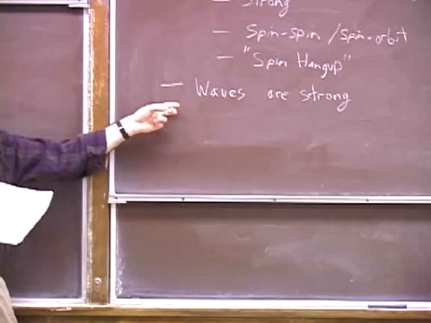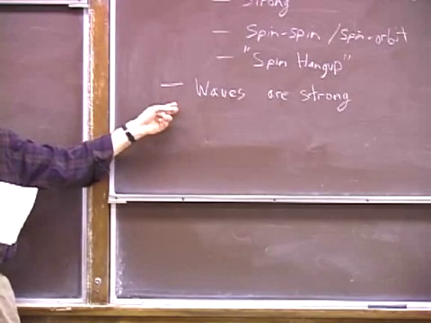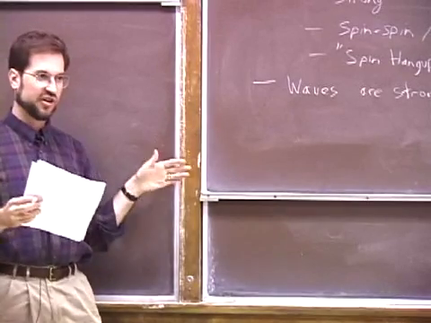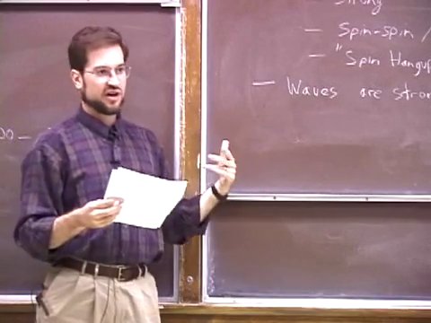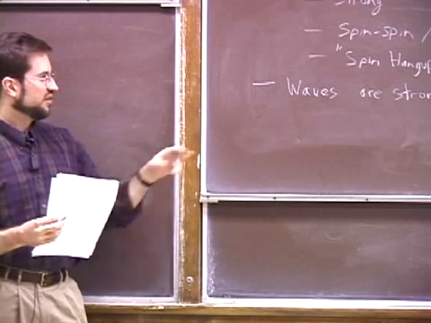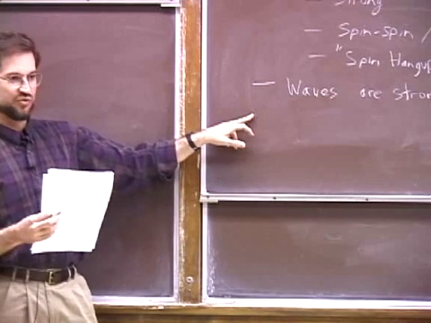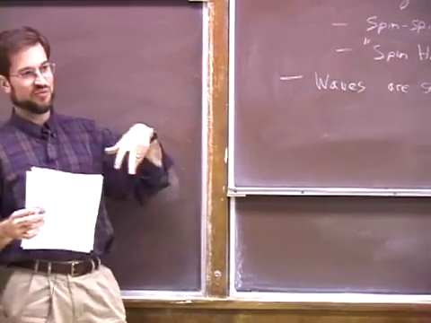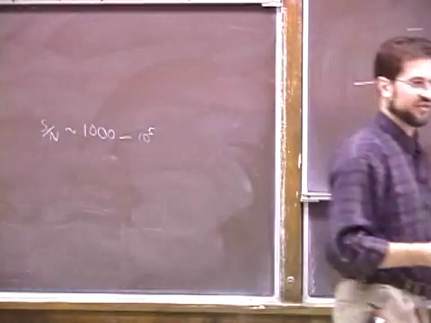Another reason, at least for the stellar mass black holes I'm talking about, is that once you get above 20 or 30 solar masses, you start moving the merger waves into the middle of the LIGO frequency band, and the in-spiral waves are moving out of the LIGO frequency band.